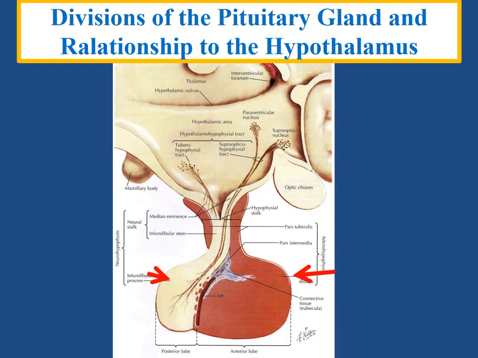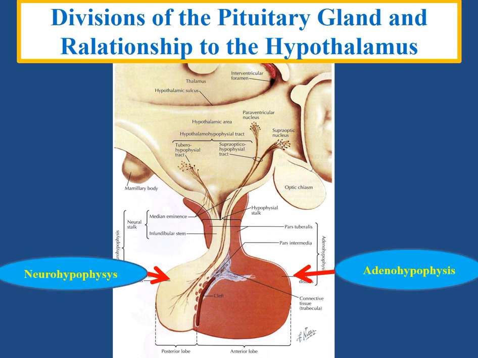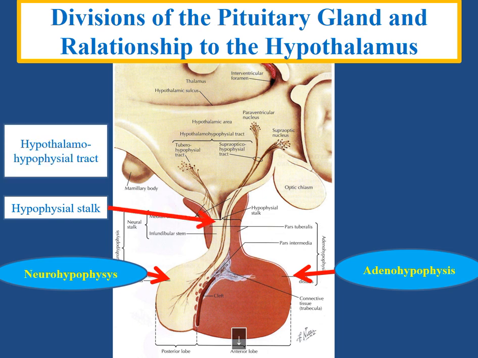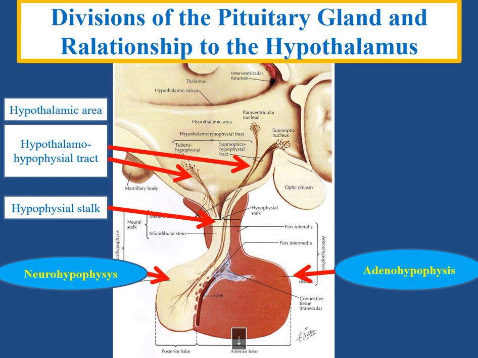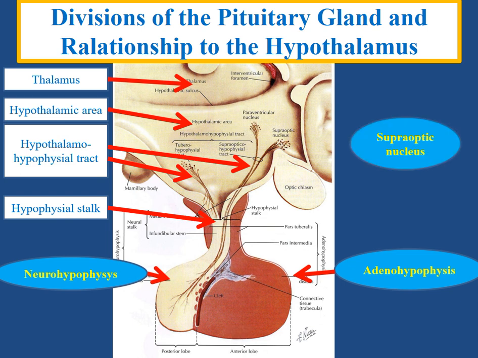Here we can see the adenohypophysis, neurohypophysis, and hypophyseal stalk, the hypothalamo-hypophyseal tract, the hypothalamic area, and thalamus. Also, the supraoptic nucleus and paraventricular nucleus are in the hypothalamic area.